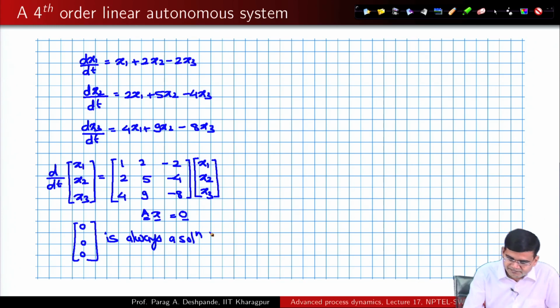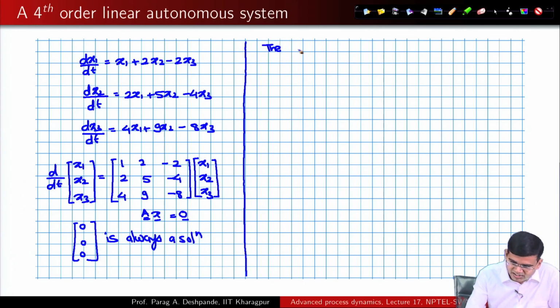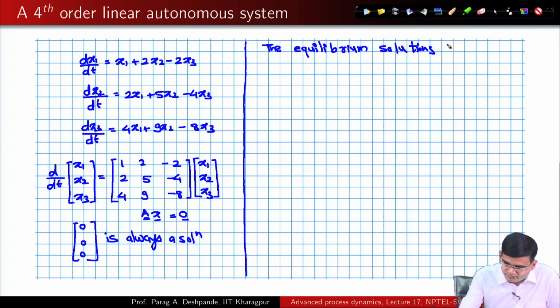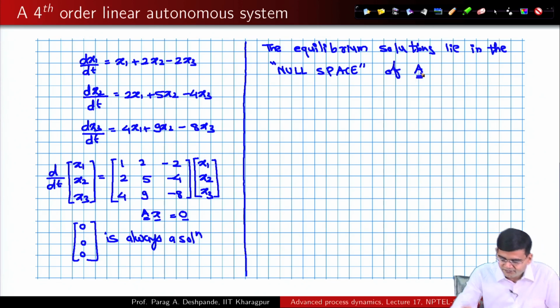have any other solutions as well, and the answer to that comes from this fact that the equilibrium solutions lie in the null space of A. Okay.